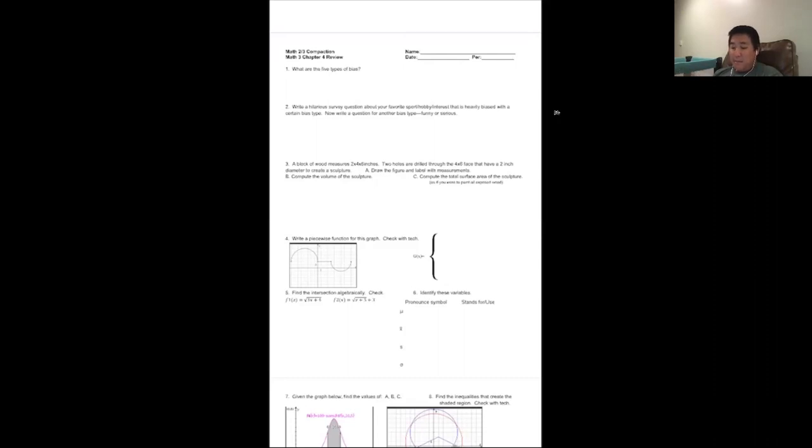Bias wording is using very emotional words that gives people certain responses. Desire to please is that you want to please the experimenters. Go ahead and do this one, please, on your own.